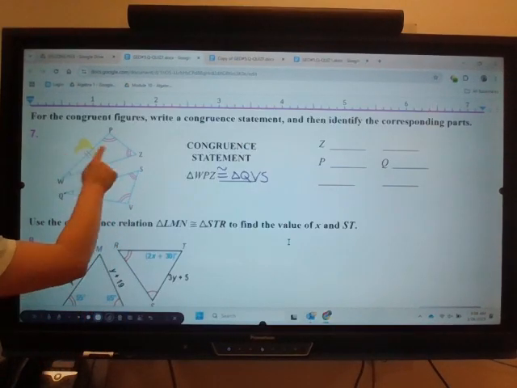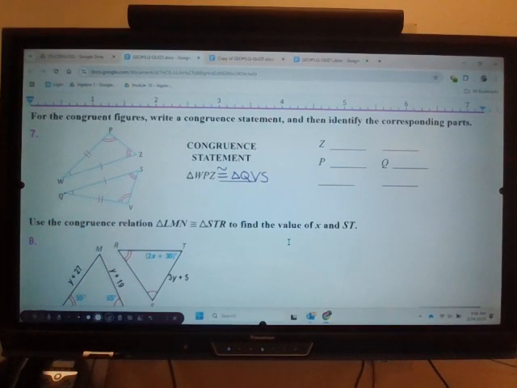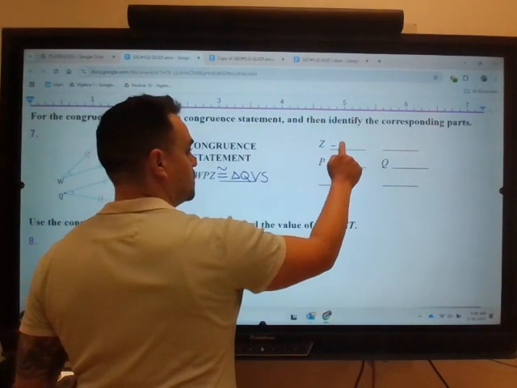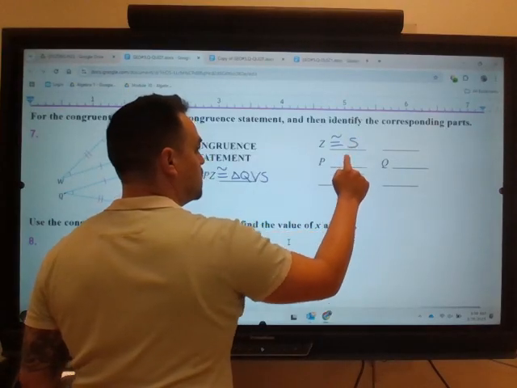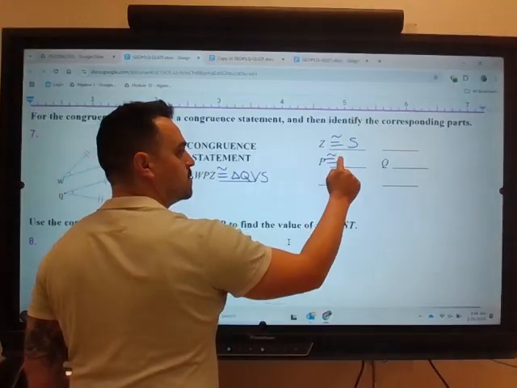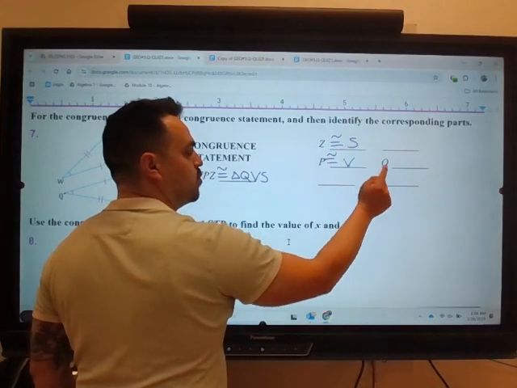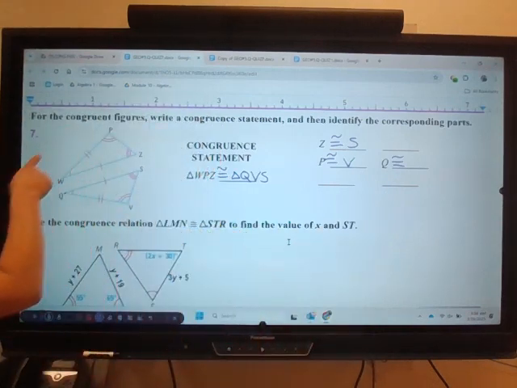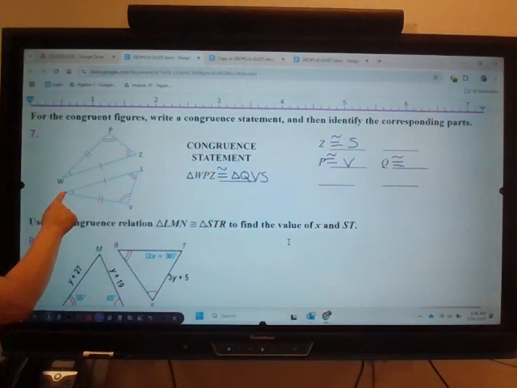Okay, so let's finish this off. Point Z is congruent to point S. Point P is congruent to point V. Point Q is congruent to QW.